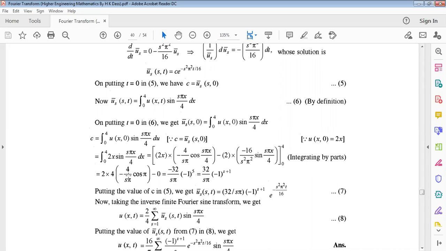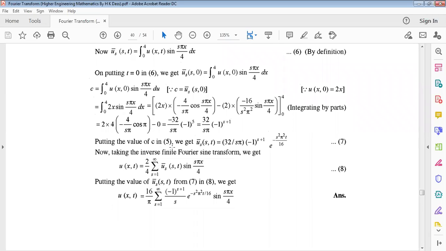Remember cos pi equals minus 1, how many minus 1 here: minus 1 to the power s, minus 32, just multiplying by s pi, you get 32 divided by s pi, minus 1 to the power s plus 1.